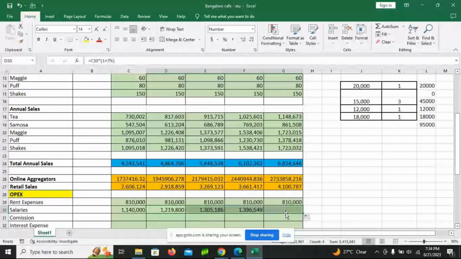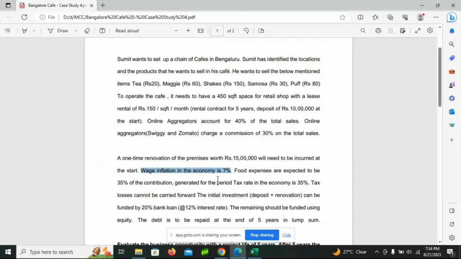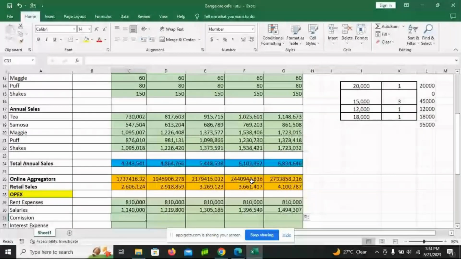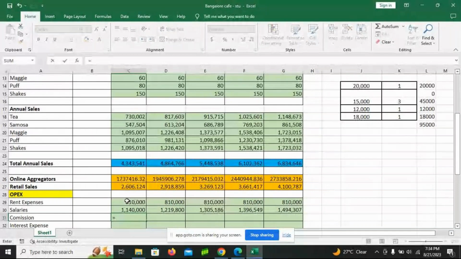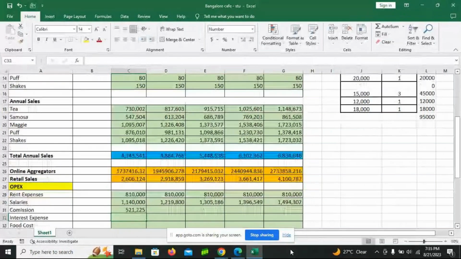Then commission, they are telling 30%. So equals into percent.